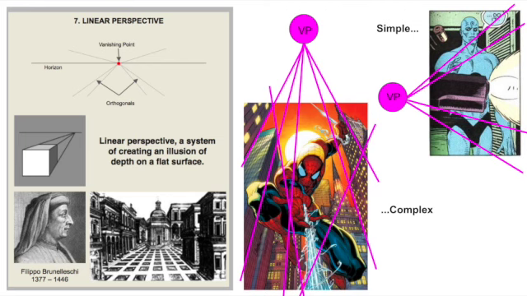Here we have that idea of a vanishing point and the horizon, and when we have structures in particular, we can use the rules of perspective in order to emulate or create the illusion of three-dimensional space, because naturally the horizontal lines recede to a common point, which is called the vanishing point.